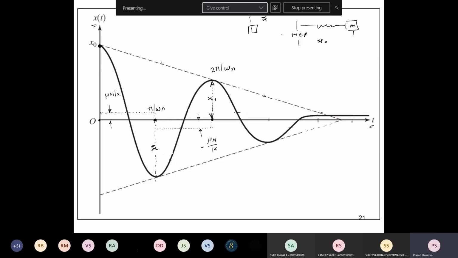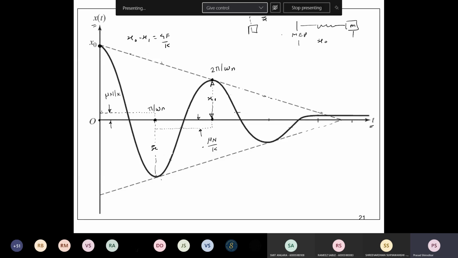So during each half of the cycle we saw that the amplitude goes on decreasing, and during each half cycle the amplitude decreases by 4F/k. Here the amplitude decreases by 4F/k, and again in the second half it decreases by 4F/k. So x0 minus x1 is 4F/k. That is what we have deduced.